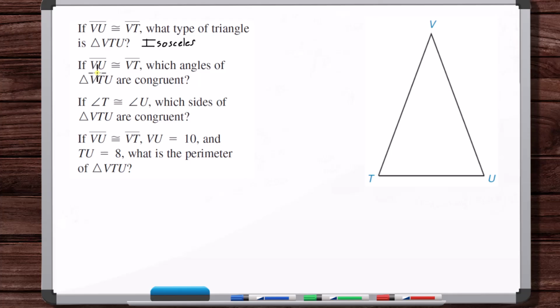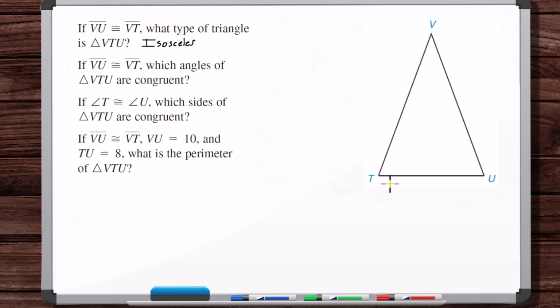If segment VU is congruent to segment VT, which angles of triangle VTU are congruent? Well, we proved a theorem in the textbook that showed that the base angles of an isosceles triangle are congruent. With an isosceles triangle, the angle that's included between the two congruent sides is the vertex angle, and the two other angles are called the base angles.